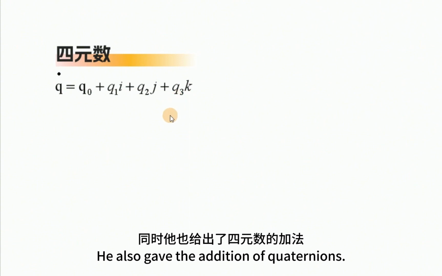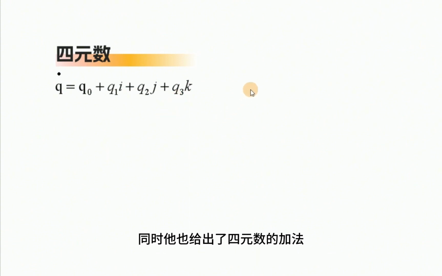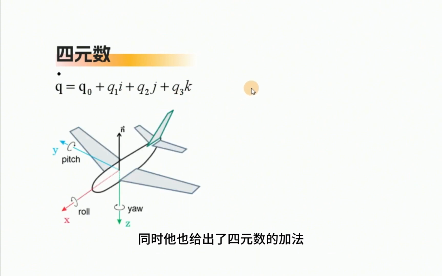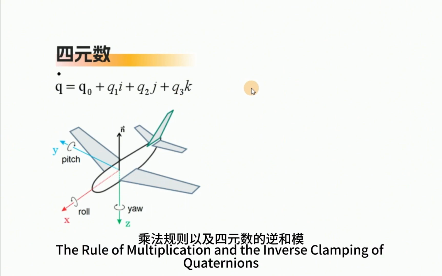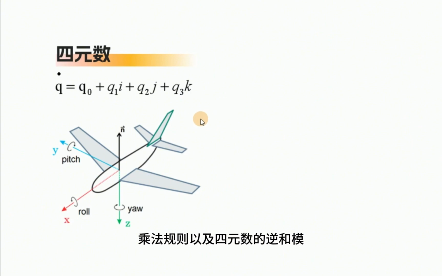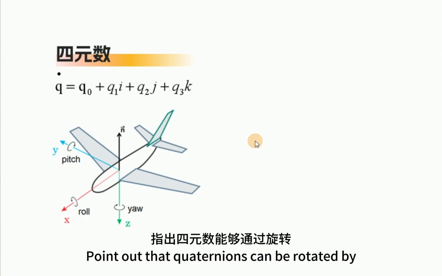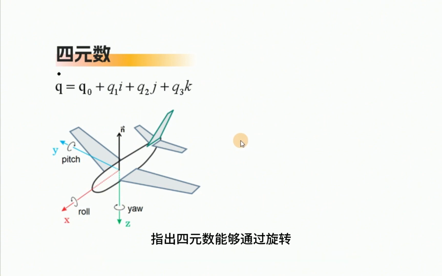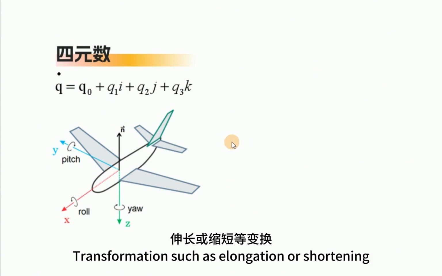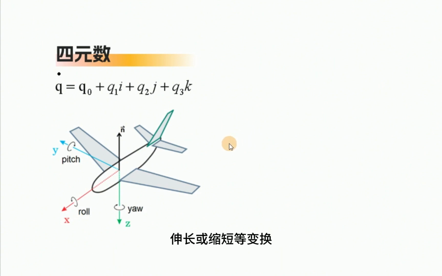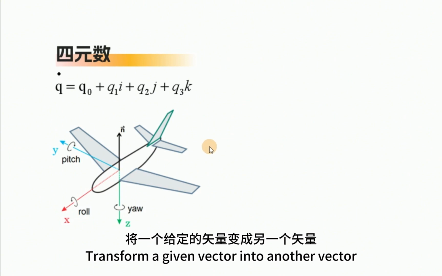He also gave the addition rule, the multiplication rule and the inverse of quaternions, and pointed out that quaternions can, through rotation transformations such as elongation or shortening, transform a given vector into another vector.